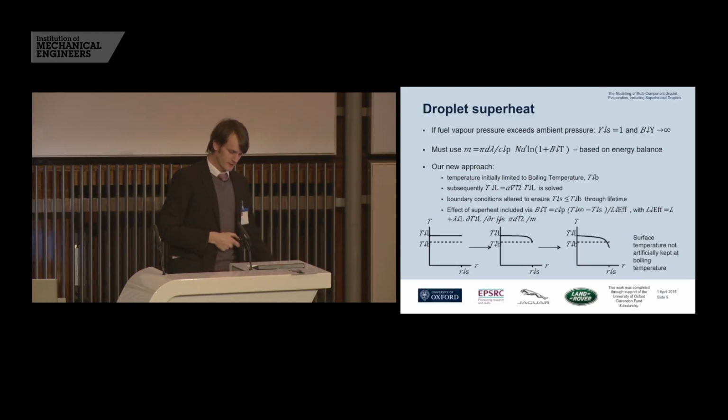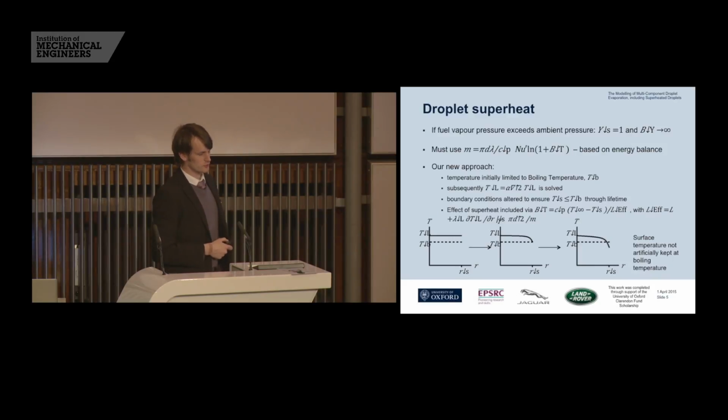Okay. So our first contribution is in droplet superheat modelling. We've taken a slightly different approach to what is seen in the literature. We use a slightly different expression for evaporation rate, which is based basically on energy being the limiting factor. We can't quite assume that a superheated droplet is going to evaporate instantaneously. We know that doesn't happen, even though the previous expression would predict it does.